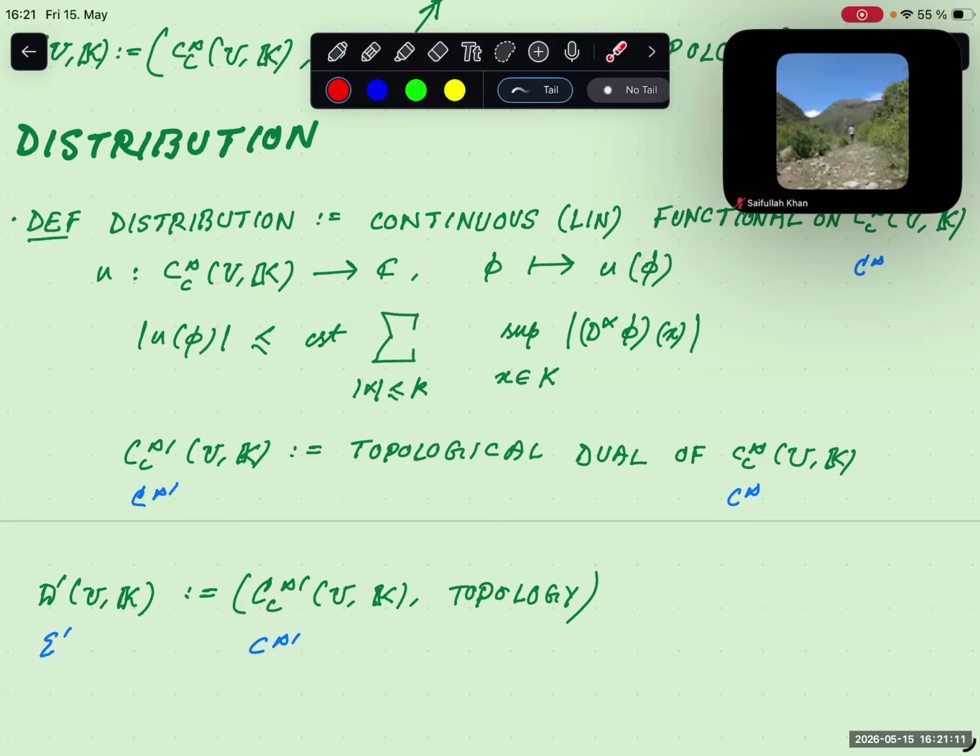So Dirac delta. Dirac delta is not a function. This is a distribution.